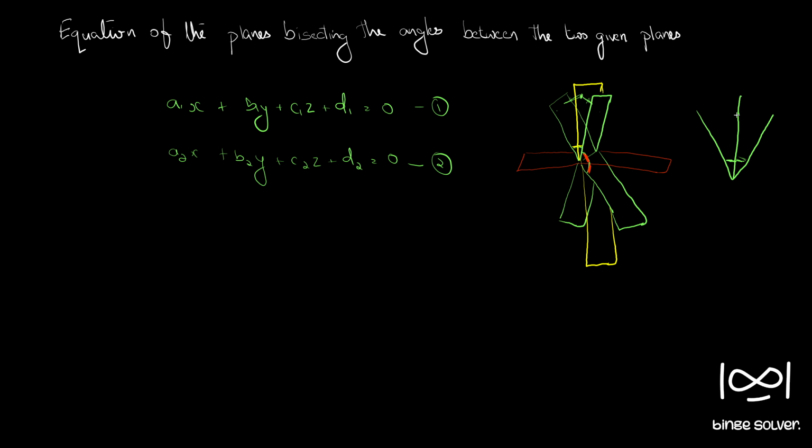Now from this point to this plane, since these angles are equal, this distance will be equal to this distance. This concept will be used to find the equation of the bisector plane. Let's see how. Let P(x1, y1, z1) be a point on the bisecting plane.